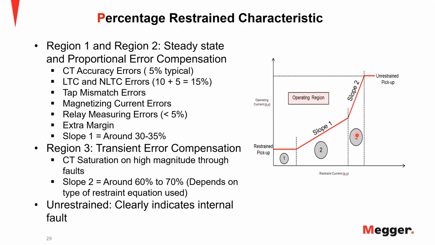So when it falls on region 3 here, our currents are way too higher to be even in this region, and the slope 2 will make sure that the differential is restraining even when my CT is saturated. And finally, the unrestrained pickup is a setting which is used for internal faults that are very high in magnitude.